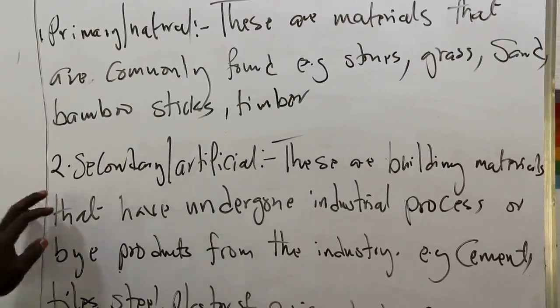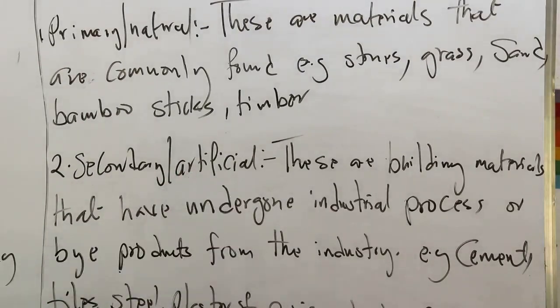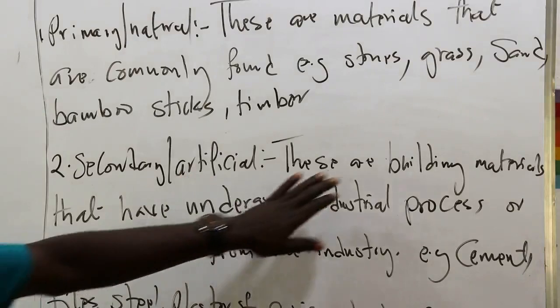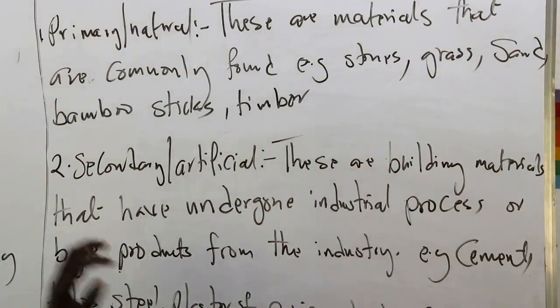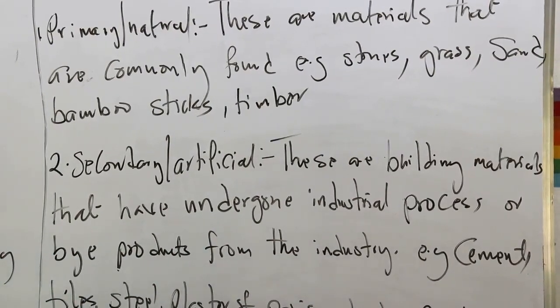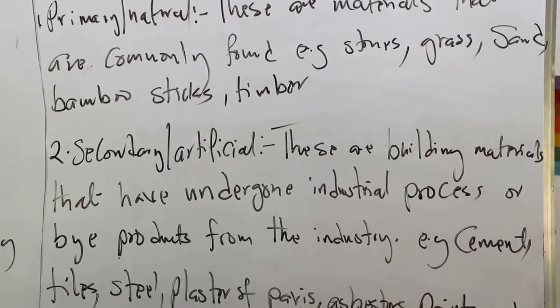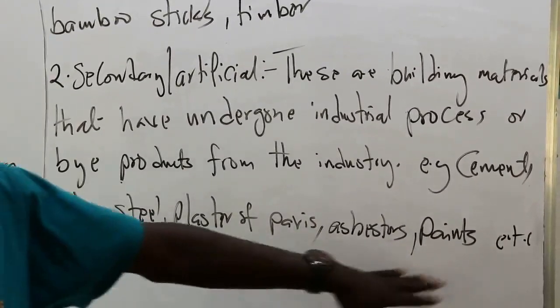Now, the next category of the building materials we have is the secondary or the artificial building materials. These are building materials that have undergone industrial processes, or they are byproducts from industries. For example, the cement, the tiles, the steel, the plaster of Paris, the asbestos, the paint, and the rest of them.